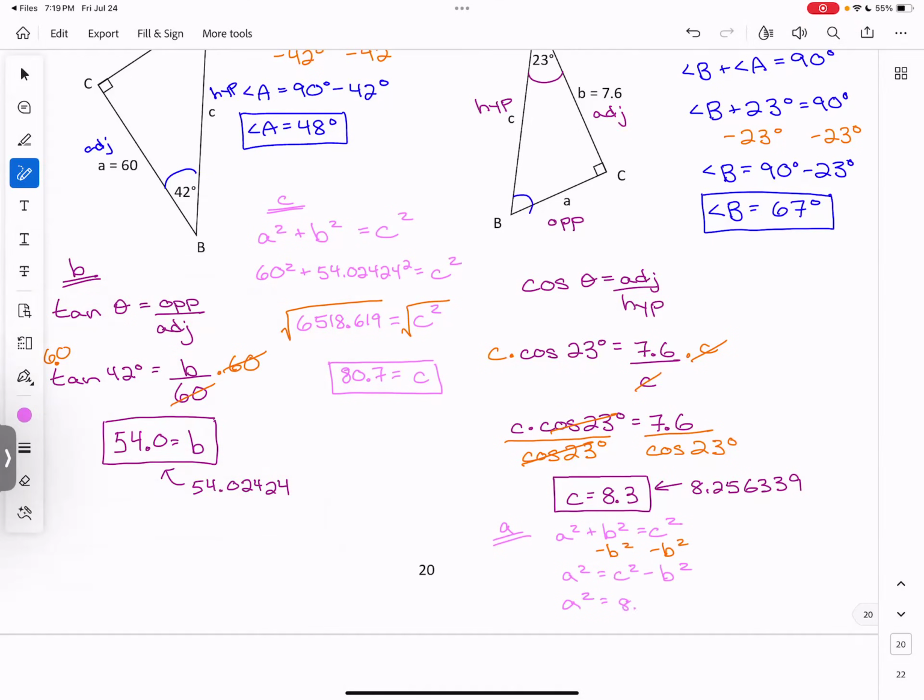Which is, so use the bigger number. Sometimes it'll make a difference, sometimes it won't. And that's minus 7.6 squared. Apologies for running out of room here, but when we do that calculation, what do we get?